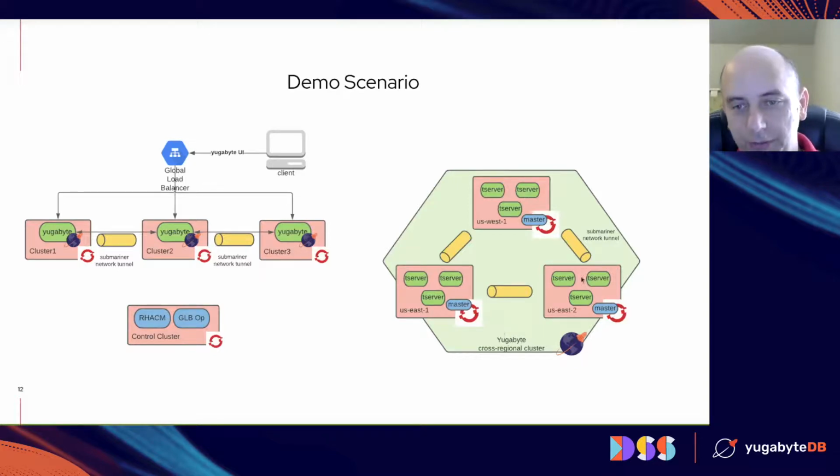And they will all be clustering up into a single logical database. Then we also have the master, which in Yugabyte manages the metadata of the database. So let's stop here for a second and take a look at this scenario. As a demo, we are going to trigger a disaster situation and see what happens.